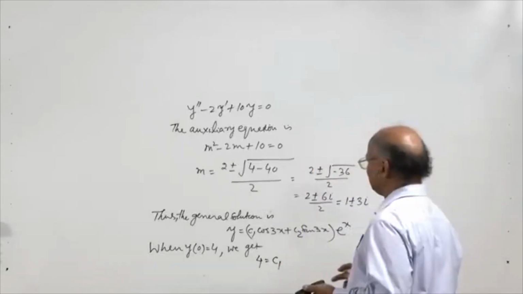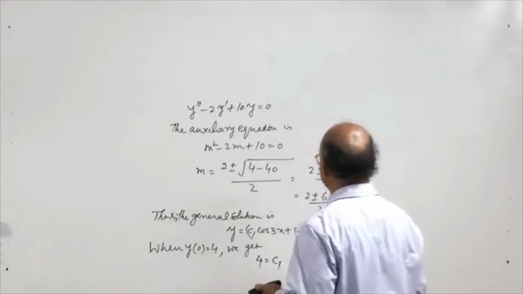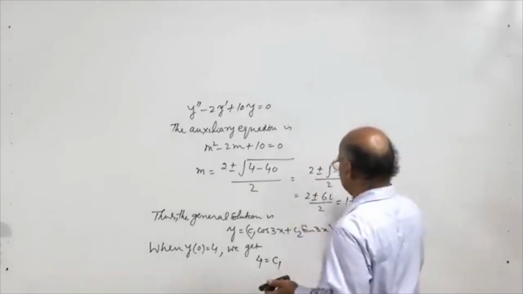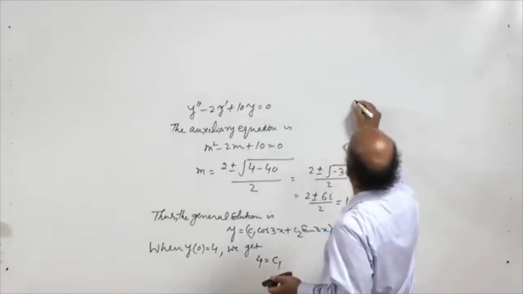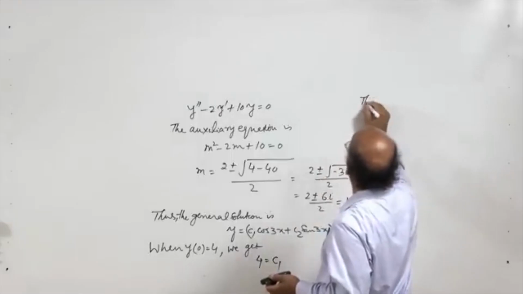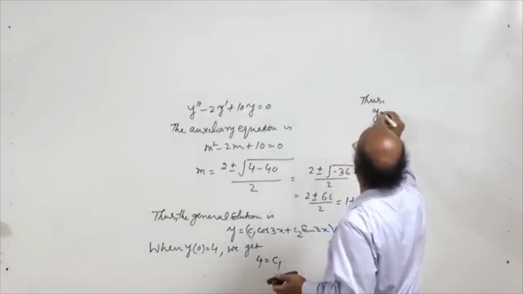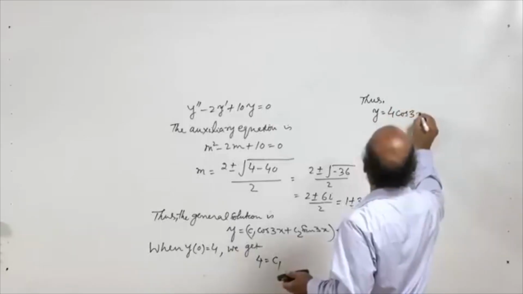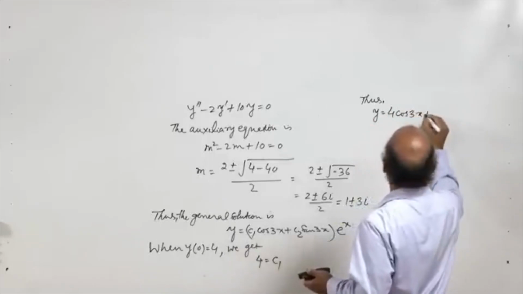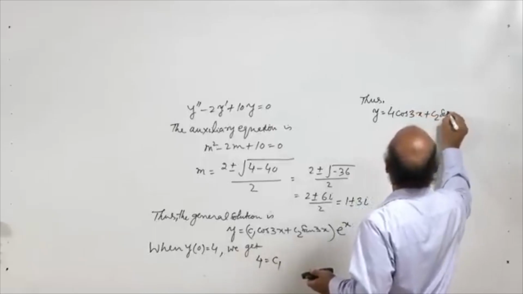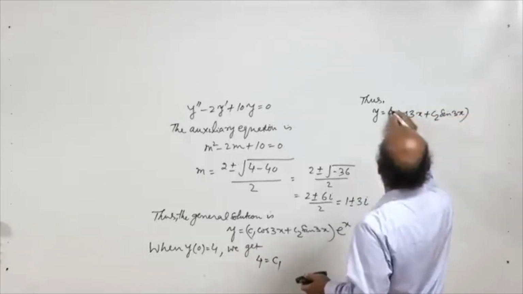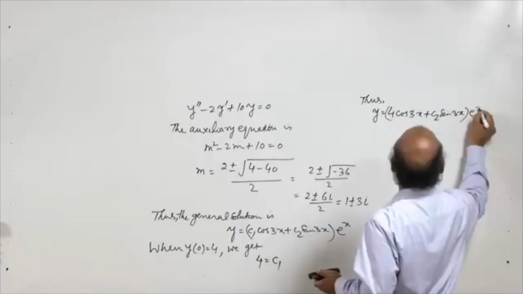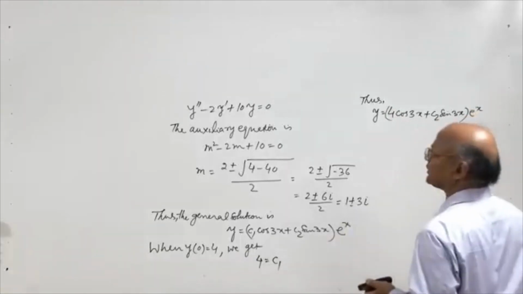Now, let us use the second initial condition to determine the value of C2. So, we will have to put C1 equal to 4 here. So, we can say thus y equal to 4 cos 3x plus C2 sin 3x into e to the power x. Let us differentiate it with respect to x.